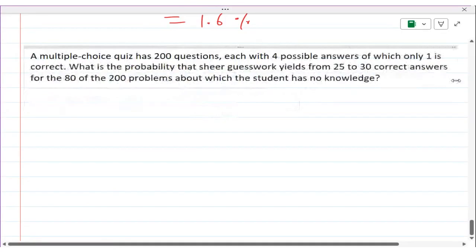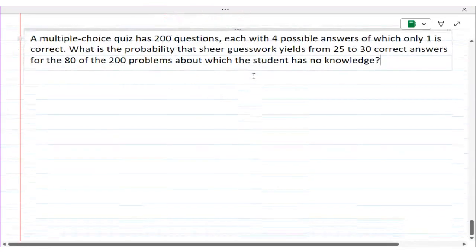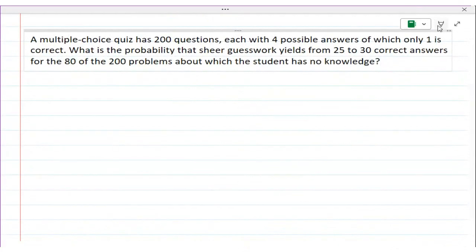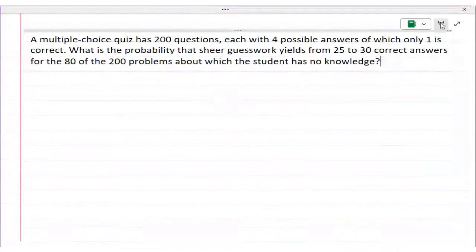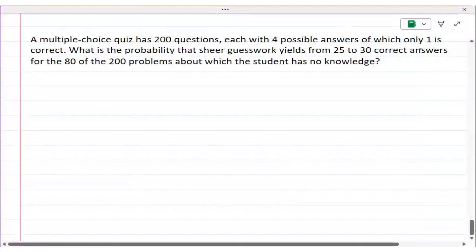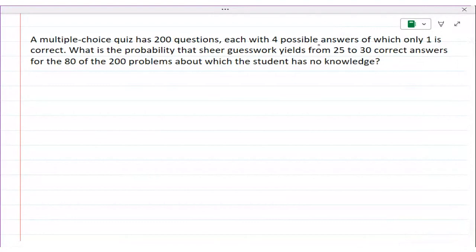The multiple choice quiz has 200 questions, each with 4 possible answers, out of which only one is correct. What is the probability that sheer guesswork, sheer means pure guesswork, yield from 25 to 30 correct answers for the 80 of the 200 problems about which the student has no knowledge?